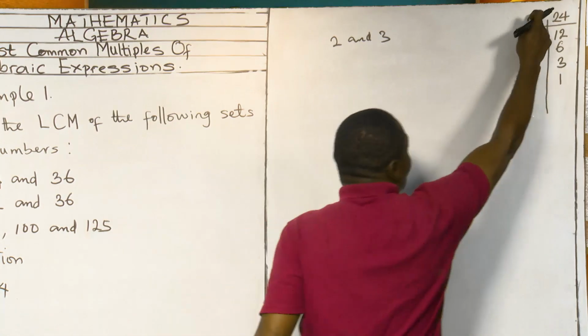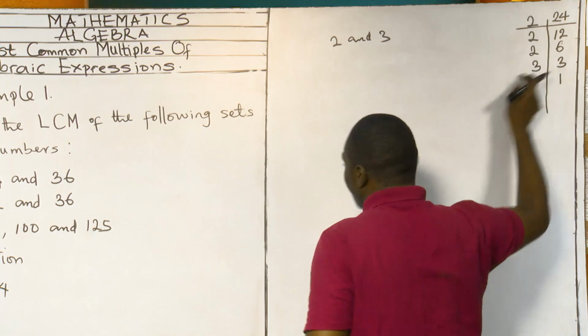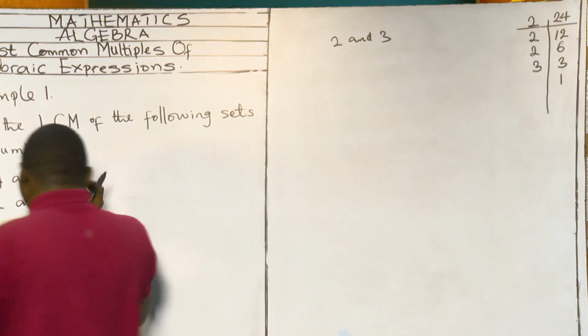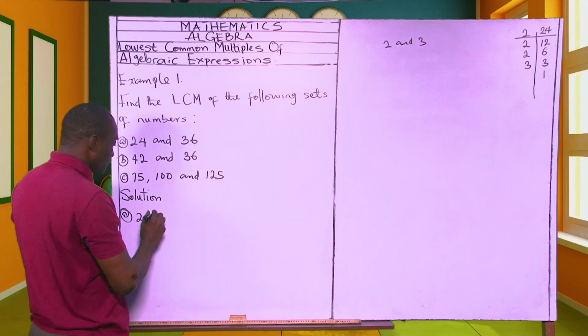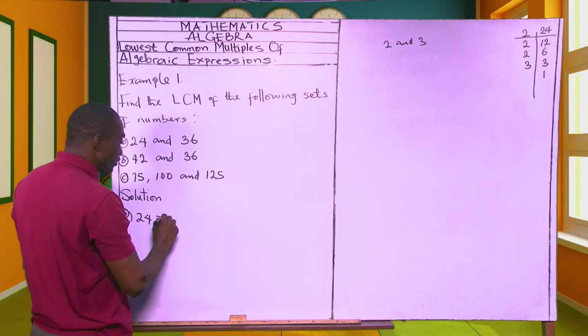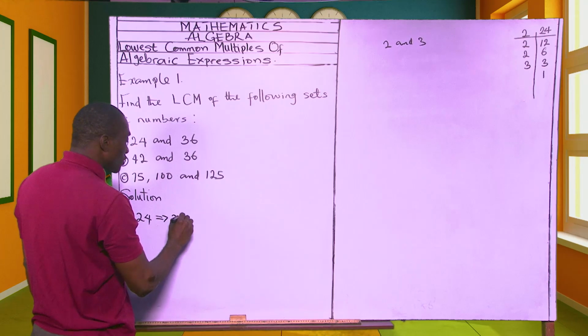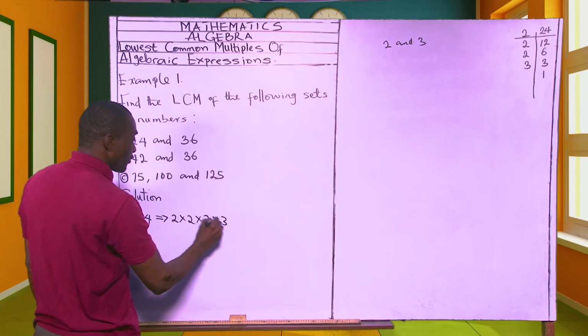Now, 2 multiplied by 2, multiplied by 2, multiplied by 3 are the product of prime factors of 24.